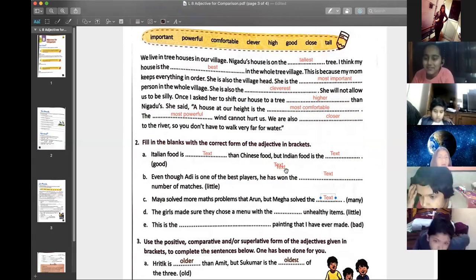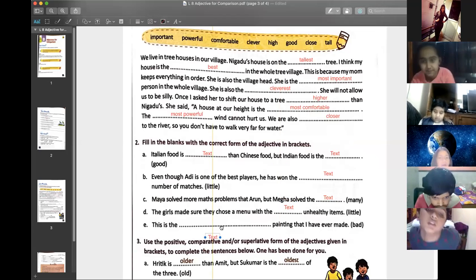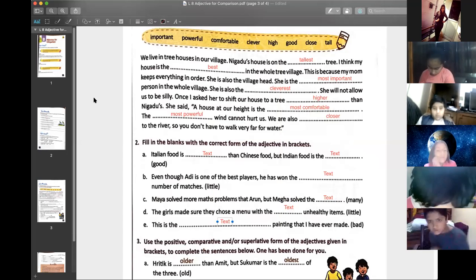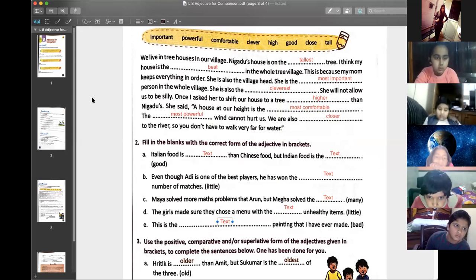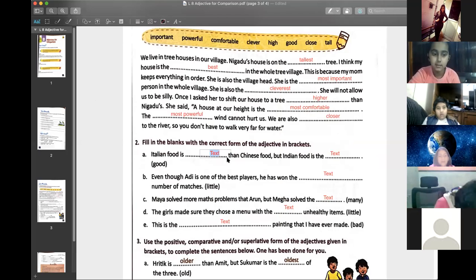You have to use the appropriate form of adjective from the brackets. Italian food is dash than Chinese. Yes, Gunjan.